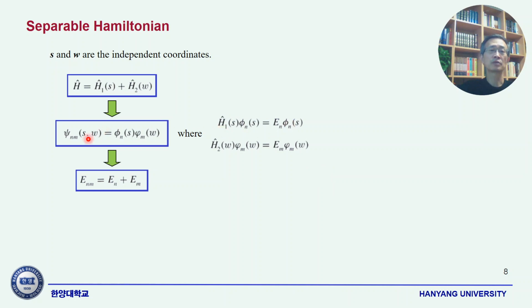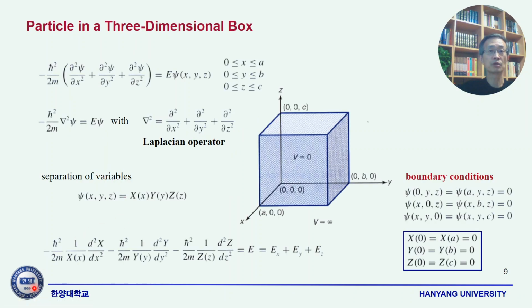The total wave function is the product of those wave functions, and the total energy is the sum of the individual energy terms. We are going to use this to solve the three-dimensional box problem.